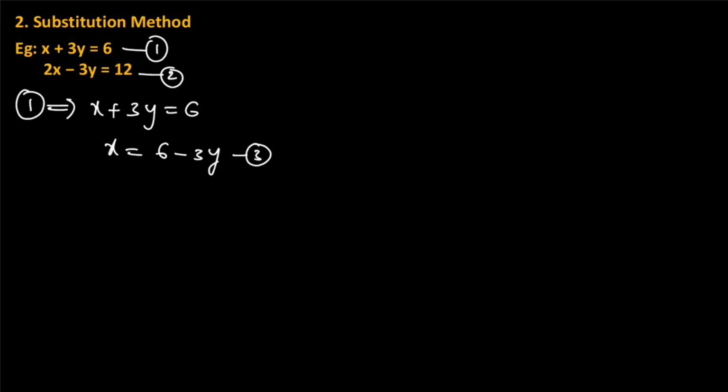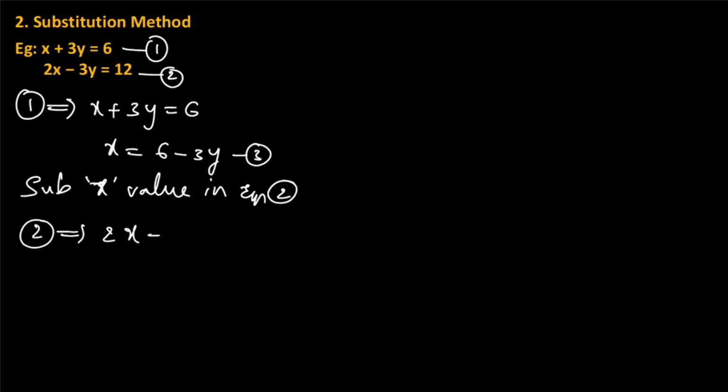So, from the second equation, substitute the x value in equation 2. Second equation is 2x minus 3y is equal to 12. What is the x value? 6 minus 3y.